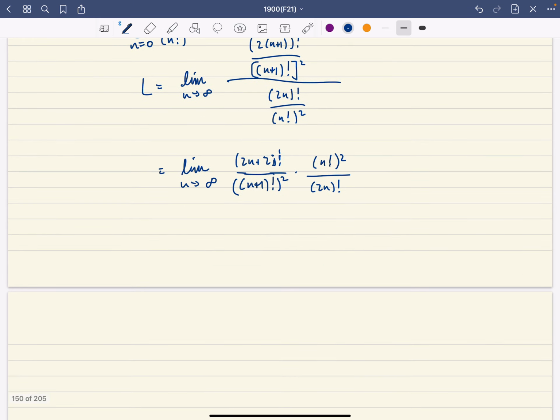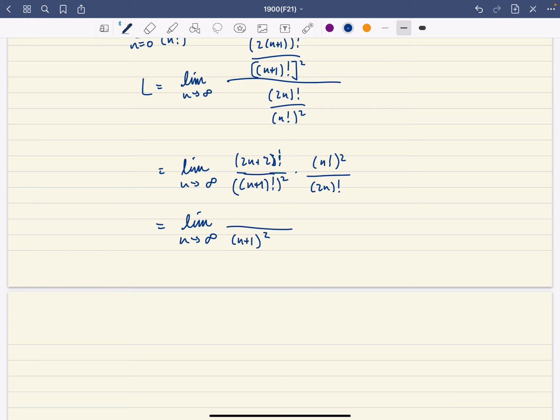Let's simplify here. This is going to end up being the limit as n goes to infinity. Let's see what simplifies. n! over (n+1)! is going to end up being 1 over n+1.